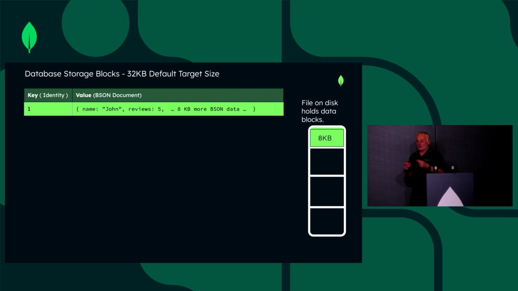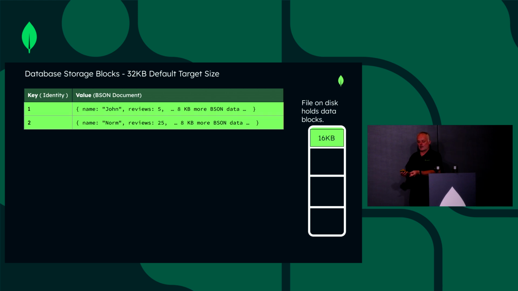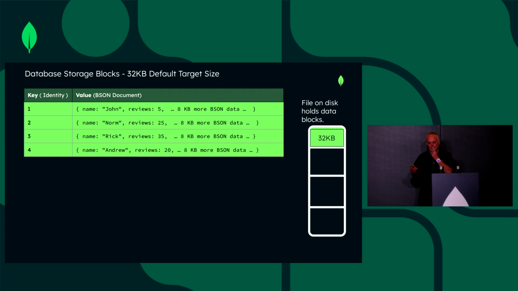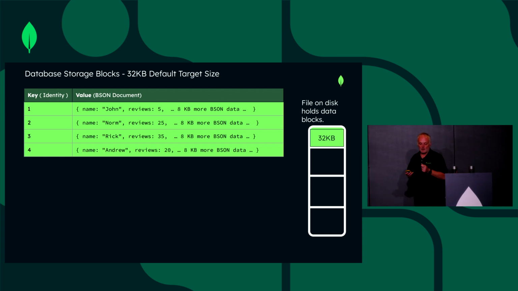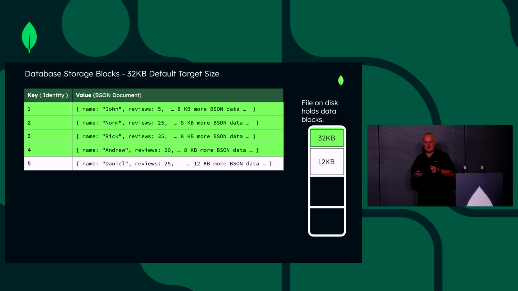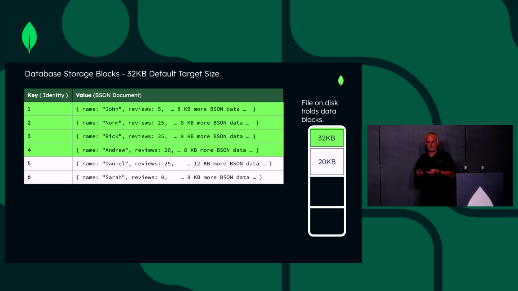And so if we imagine this, where we've got documents that are 8 kilobytes each, in one of these blocks, we can fit 4 documents before we hit that limit. And then when we add another document, this one happens to be 12 kilobytes, that goes into a second block on disk. And we add another 8 kilobyte document.